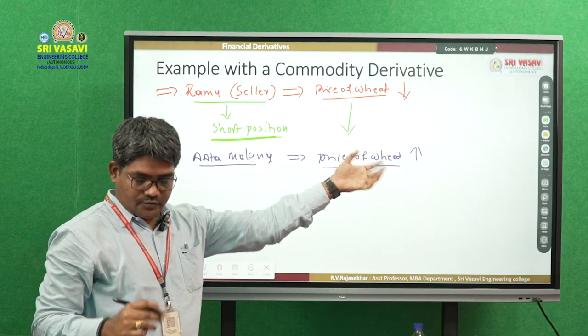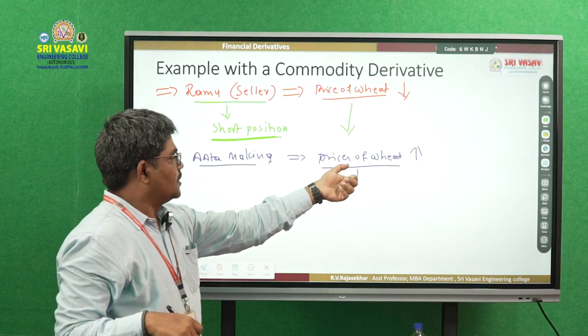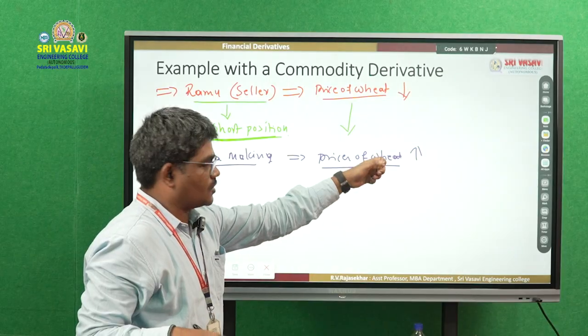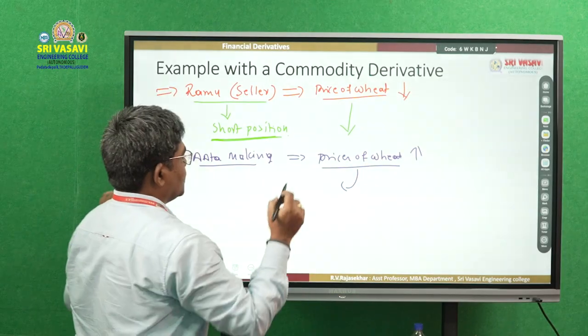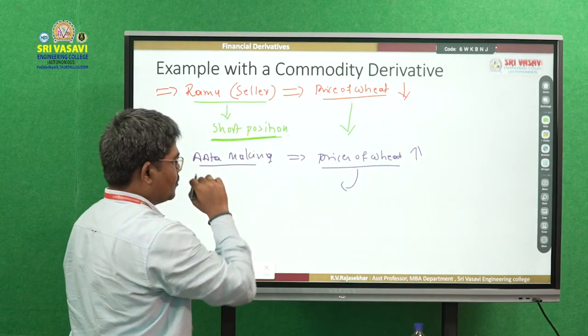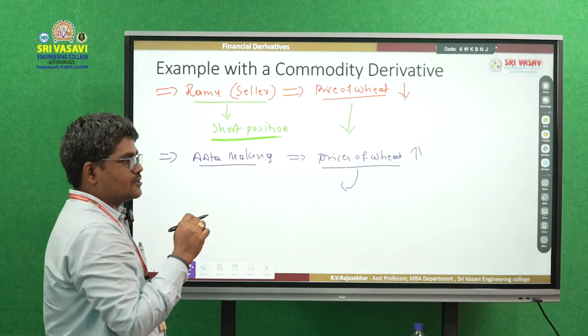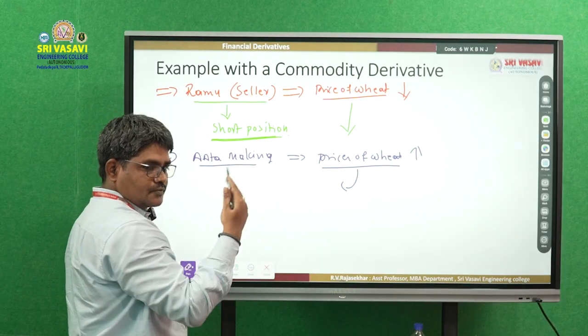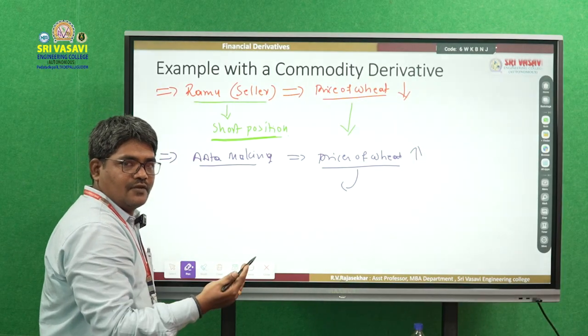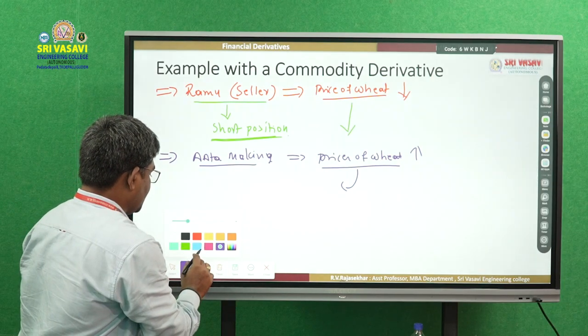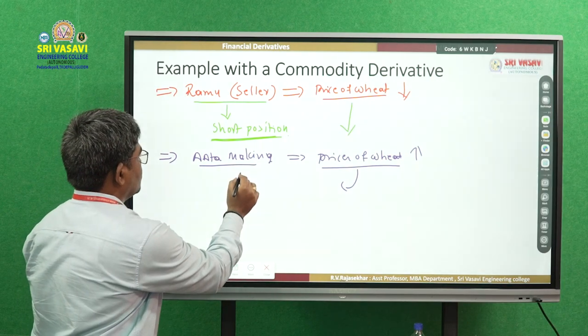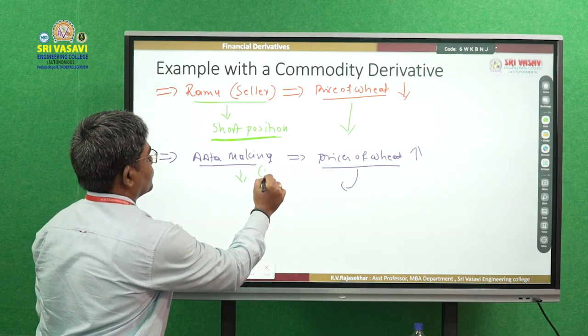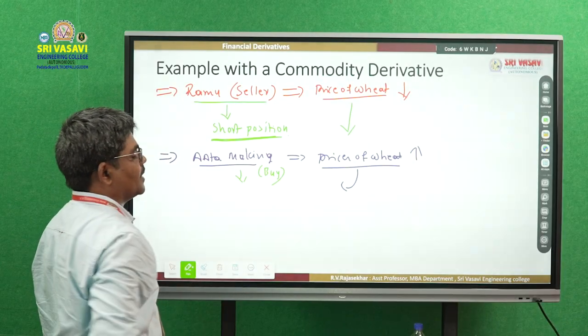If the price increases, then what is going to happen? He may incur a loss. In order to hedge himself from the adverse price movements, he enters into a contract to buy. What contract did he enter? A buy contract.